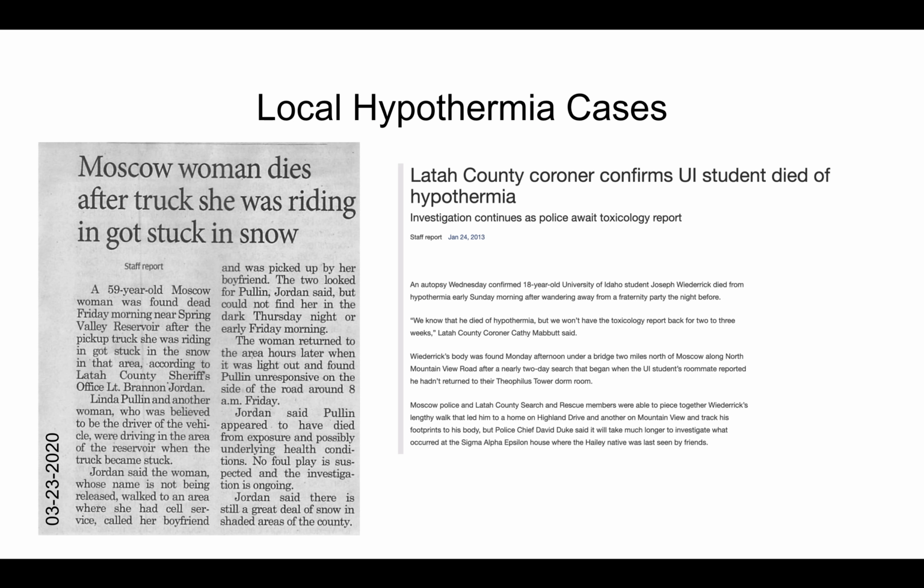We have had a few local hypothermia cases here in Moscow. These are newspaper clippings here. The most recent one out by Troy. About 6 years ago, we had a UI student leave a party intoxicated and get hypothermic and eventually die.